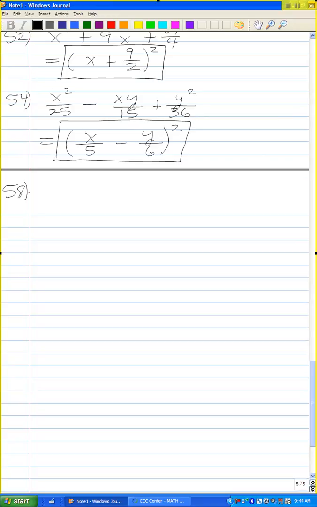4x squared minus 32x plus 64. So first factor out what's in common, 4. So what remains is x squared minus 8x plus 16.